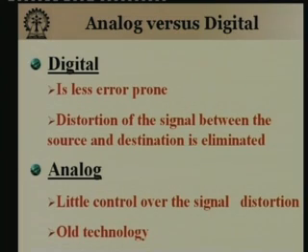Whereas with an analog signal, there is little control over signal distortion. Of course, this is also old technology with some limitations, in the sense of how many people can use it. So, digital signals are in general preferred, although analog signals still rule in some niche areas.